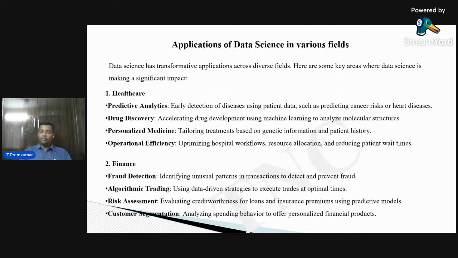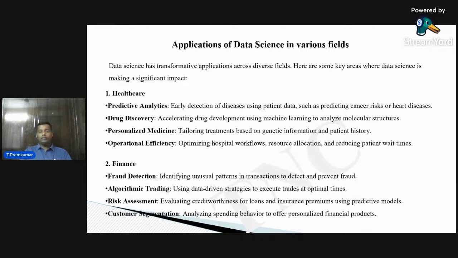When you take the healthcare sector, it is used for predictive analytics, drug discovery, personalized medicine, and also for operational efficiency. Predictive analysis means early detection of diseases using patients' data, such as predicting cancer risks and heart diseases.